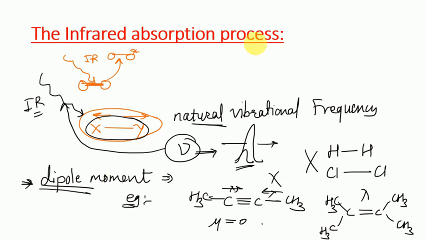Next is the reason for use of wave number as a unit. We use the wave number as a unit. The main reason is that, as we know, energy E is directly proportional to nu, that is, wave number. If we remove the proportionality sign, the energy is equal to h nu.